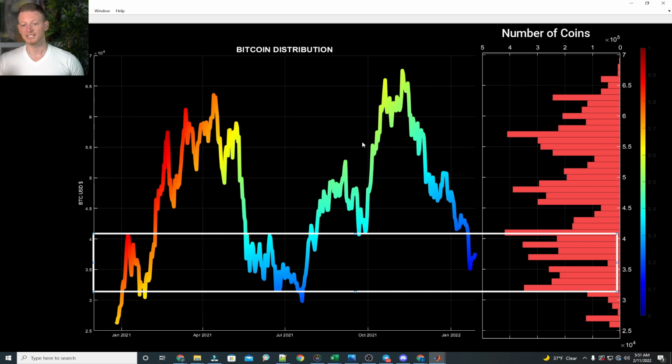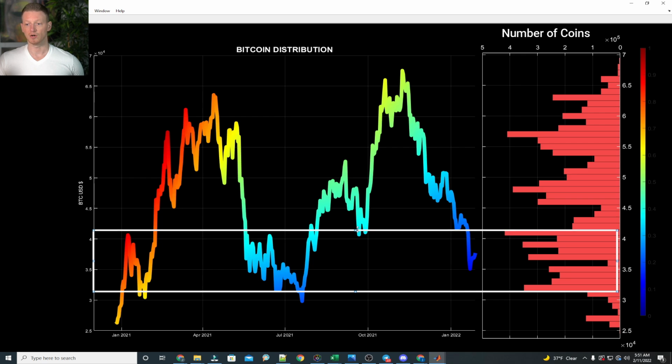So we're seeing the characteristic behavior of long-term holders acquiring the asset in this 40k, maybe up to 41k, all the way down to this around 30k level.